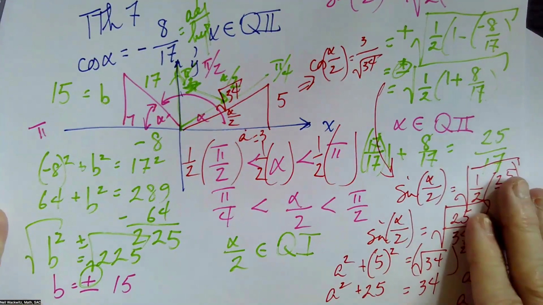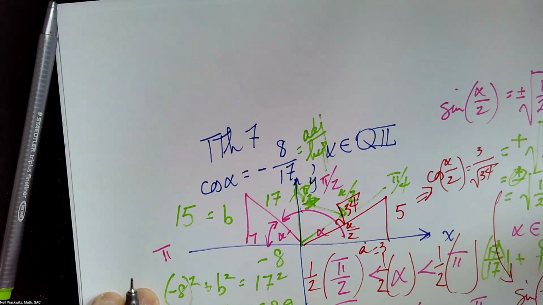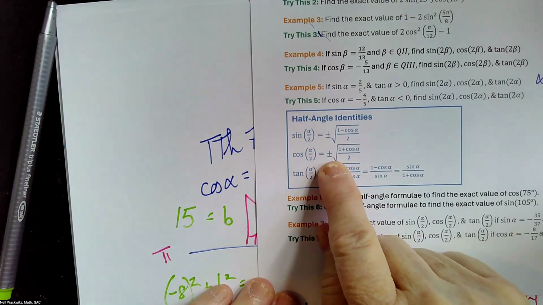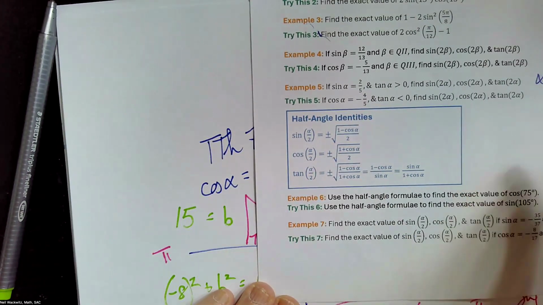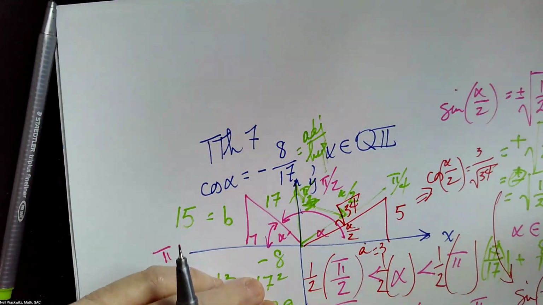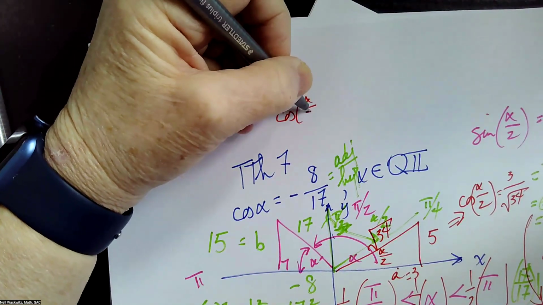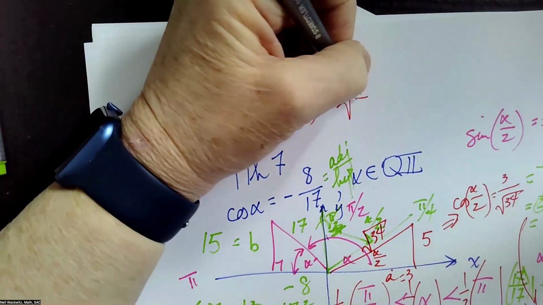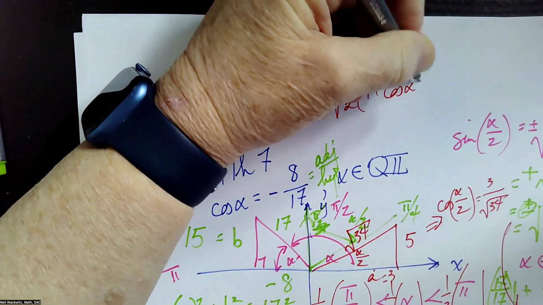Let's use the formula for the half angle of cosine to see that we really do get that same value. So we have cosine of alpha over 2 is plus or minus the square root of 1/2 times 1 plus cosine alpha.